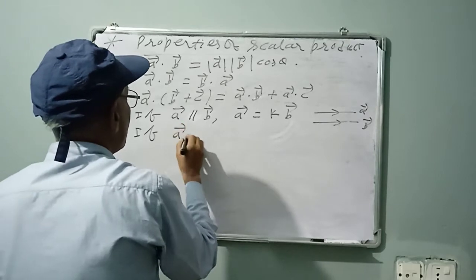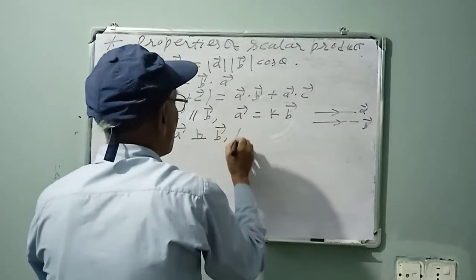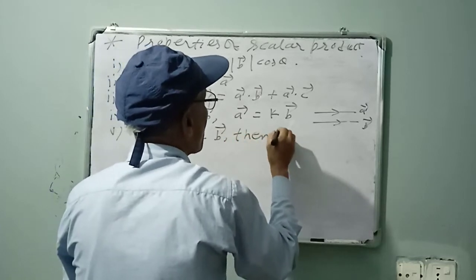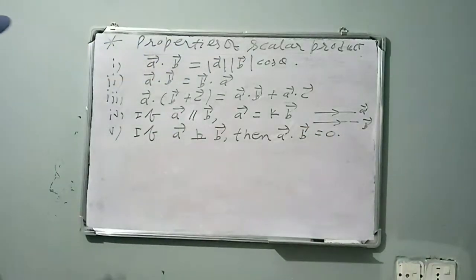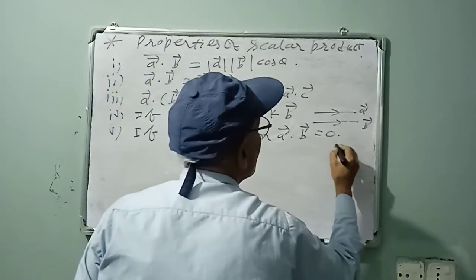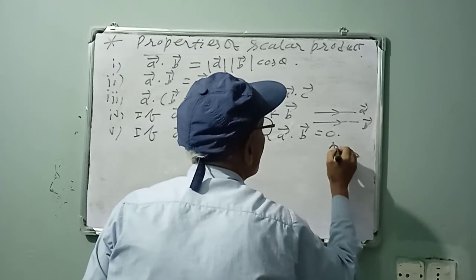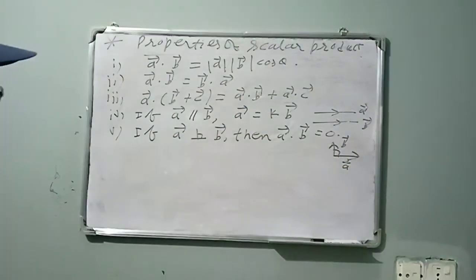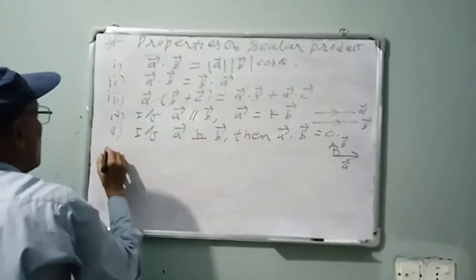Another: if vector A is perpendicular to vector B, then A dot B equals 0. Perpendicular vectors: the dot product is 0.